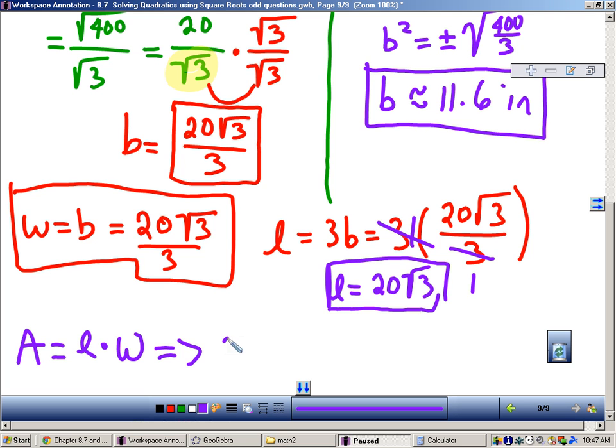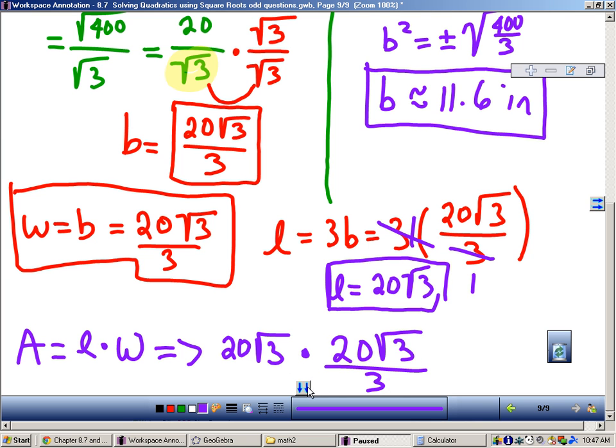It's 20 radical 3, which is my length, times 20 radical 3 over 3. And let's see how this plays out. It's going to be nice. Okay, watch how this works out. There's 20 radical 3 times 20 radical 3 over 3.